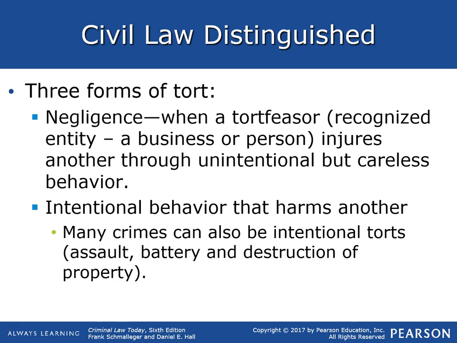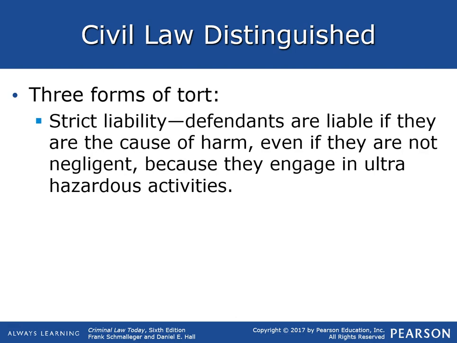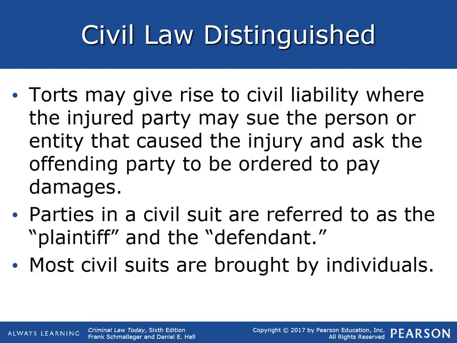Many crimes can also be intentional torts, like assault, battery, and destruction of property. And then the last one is what we call strict liability. This is basically where defendants are liable if they are the cause of harm, even if they are not negligent, because they engaged in, let's say, extremely hazardous activities.